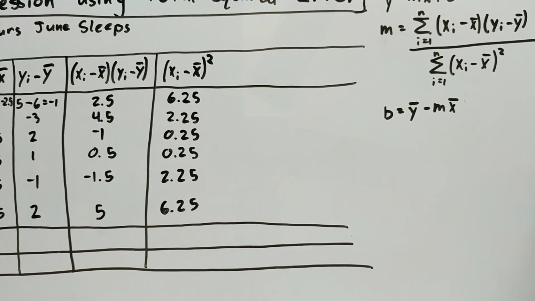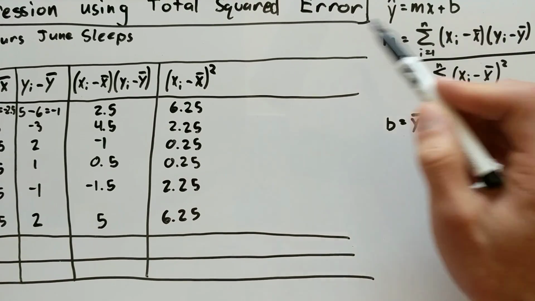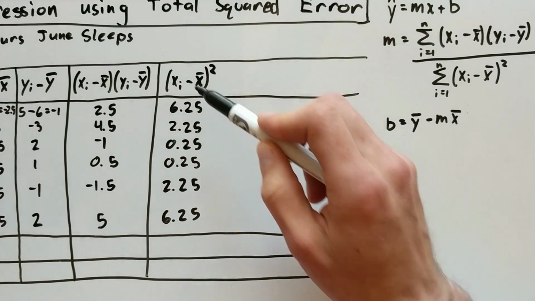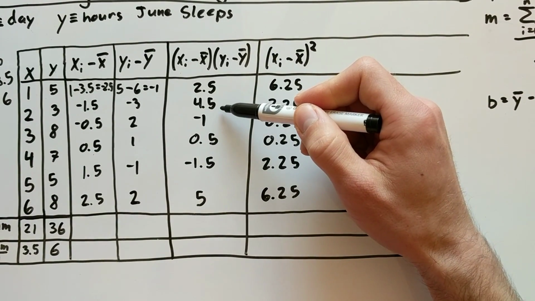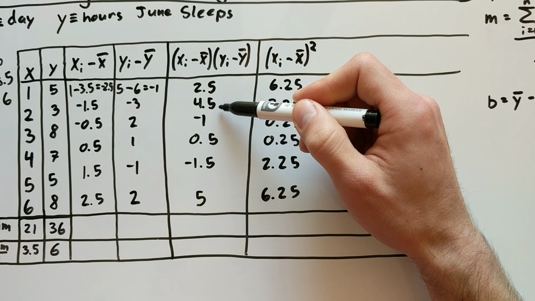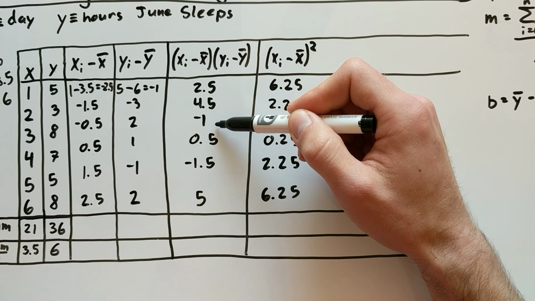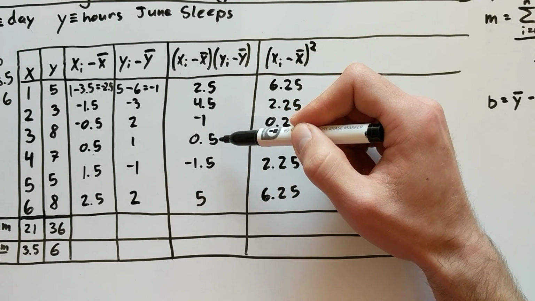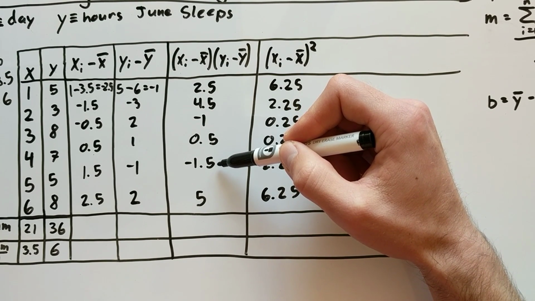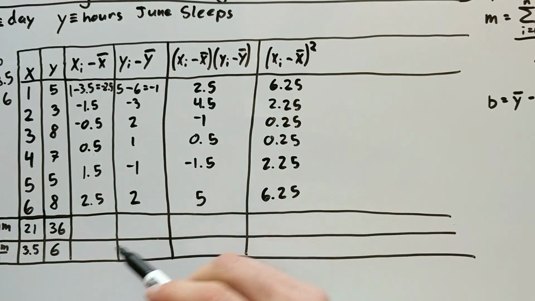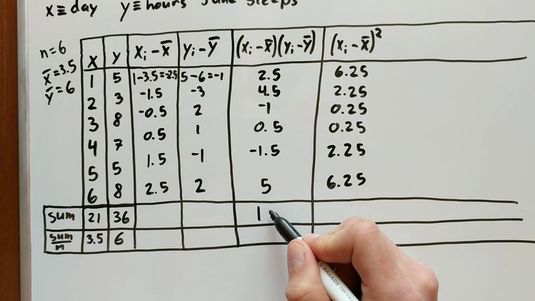Excellent. So now let's do the sum sections. We need the sum of this column and the sum of this column. Let's try to do this in our heads. 2.5 plus 4.5 gives us 7, minus 1, 6, plus 0.5, 6.5, minus 1.5, 5, plus 5 gives us, and I'll put it in this sum row, 10.